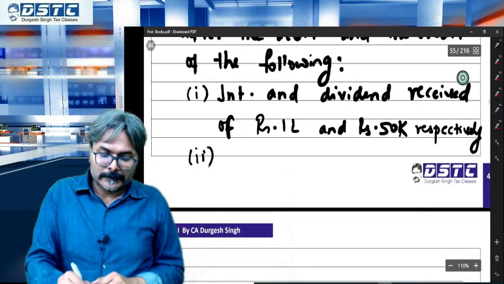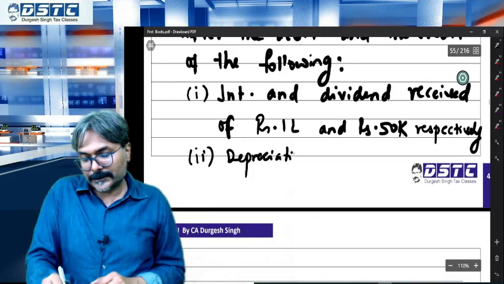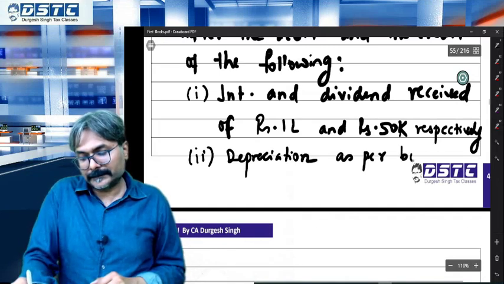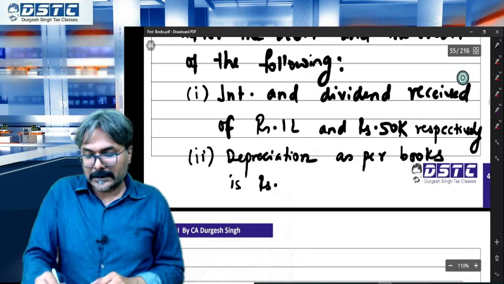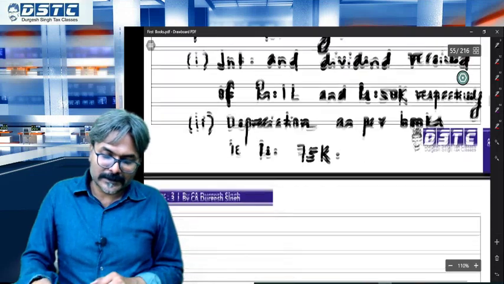Thereafter, depreciation as per books is rupees 75,000. Depreciation as per books is rupees 75,000.